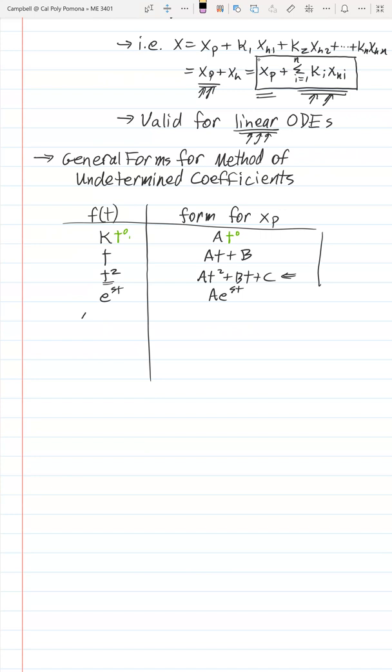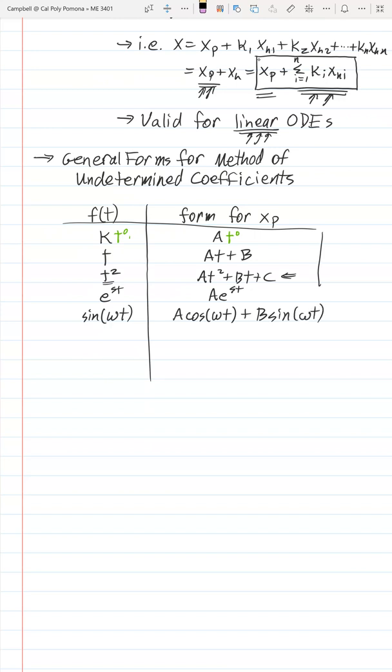Now let's go to some oscillatory inputs. And as you would expect, you'd be hard-pressed to have an oscillatory input and suddenly get a linear output. That wouldn't make any sense. And so, of course, that's reflected here, that we would expect an oscillatory output. So a cosine omega t plus b times sine omega t.